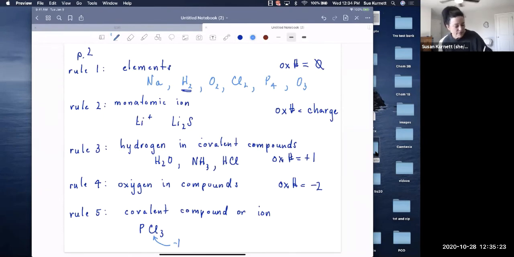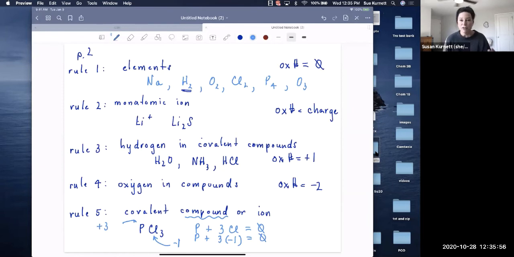So here I have 1 phosphorus and 3 chlorides, and they have to add to 0 because right now we're talking about a compound, and a compound has a net charge of 0. So I'm going to substitute -1, which is the charge chloride would have as an ion. It's not an ion in this compound, we're pretending. And say phosphorus minus 3 equals 0, what's the oxidation state for phosphorus? Plus 3.